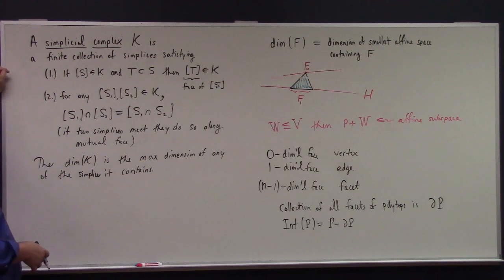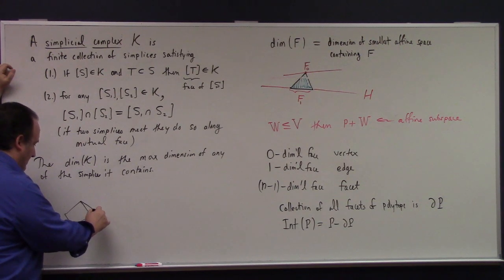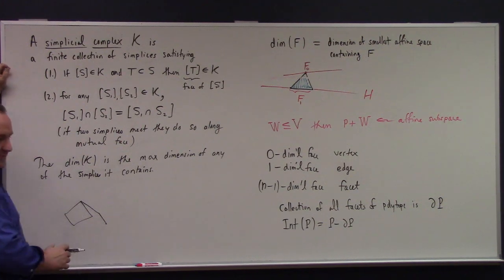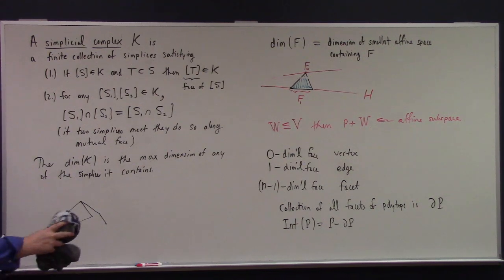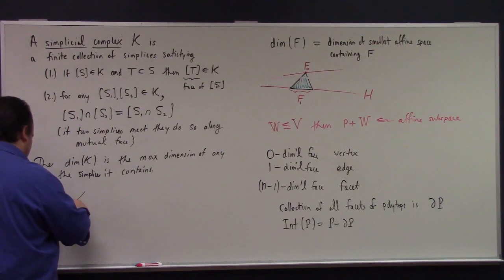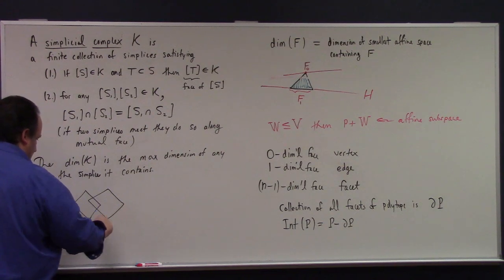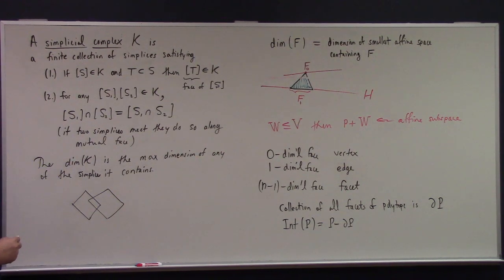If we have two cubes that are too close, they could go through each other. Or two squares that go through each other. I like two squares better. Two pieces of paper that are lined up on each other.